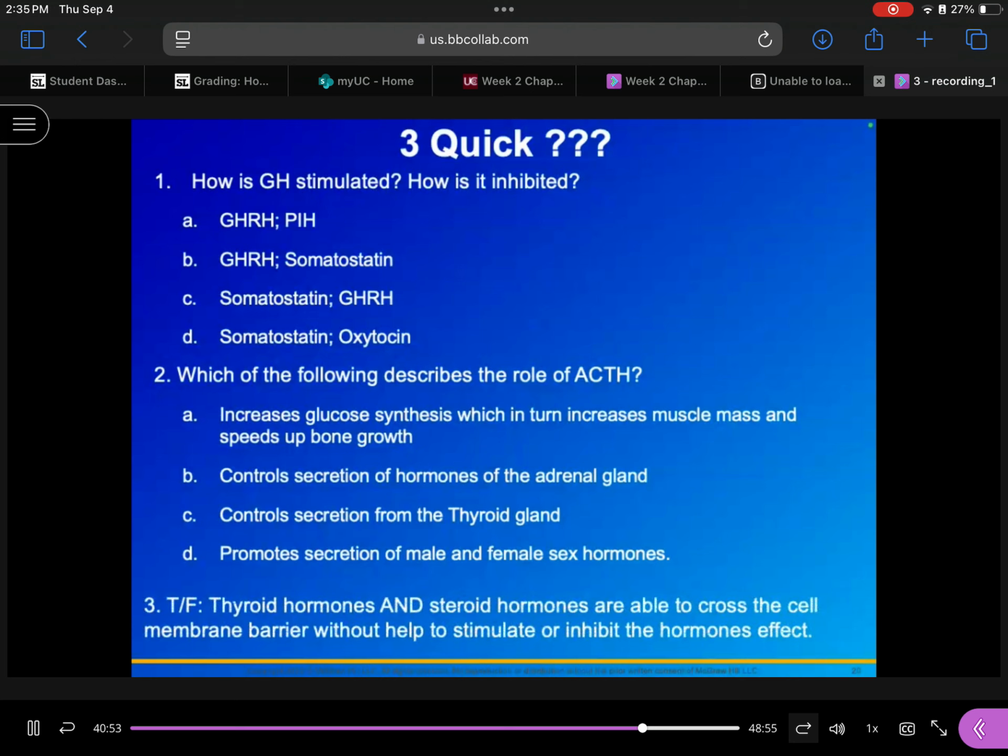All right, number 3, true or false. Thyroid hormones and steroid hormones are able to cross the cell membrane barrier without help and stimulate or inhibit the hormone's effect. True or false? Why is it false?